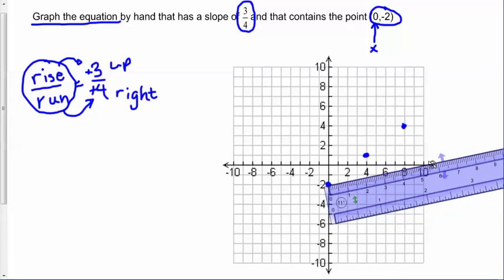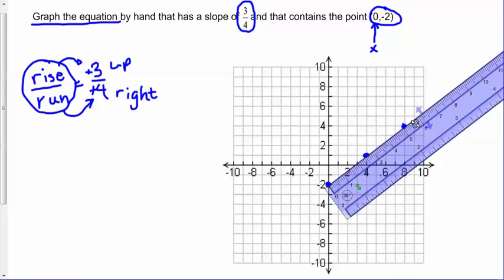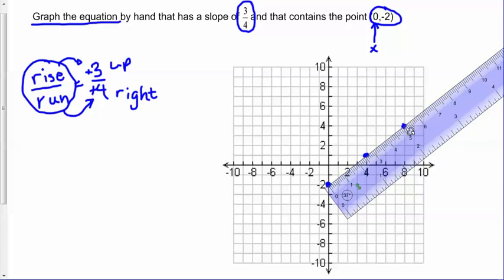And now you're going to rotate your straight edge so that it lines up with all 3 points. All 3 of those points should be exactly on the same line. You don't want one to be slightly off. If you ever find that one of your points is slightly off of your line, that means that you've probably made a mistake somewhere along the way in counting out the rise or the run.